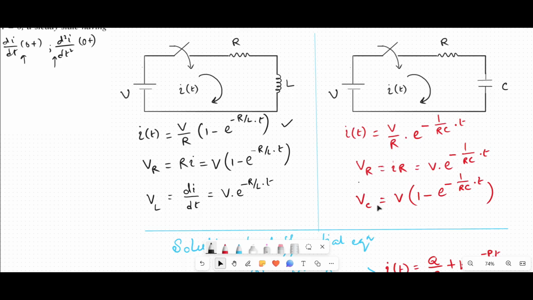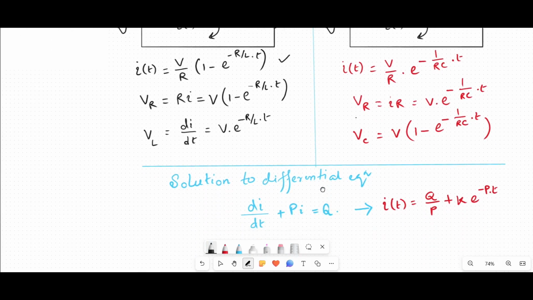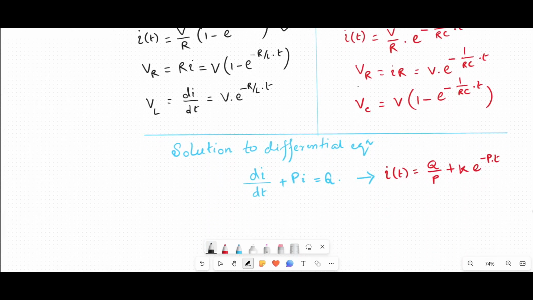You can do it by remembering, or the other way around, we can use the solution to a differential equation. The differential equation has the form di/dt plus P i equals Q. If we have a numerical in this format, then the solution will be i(t) equals Q by P plus K into e to the power minus P t.